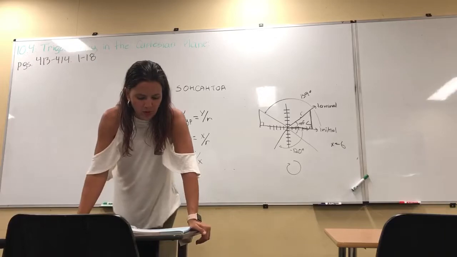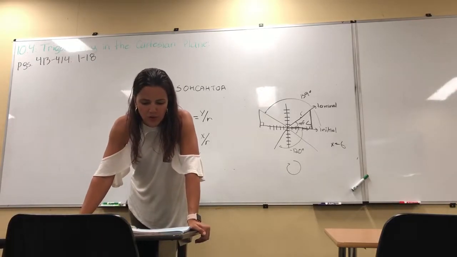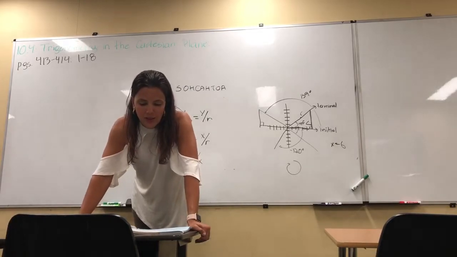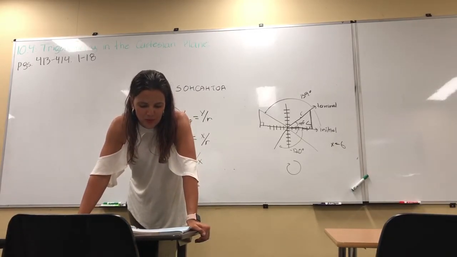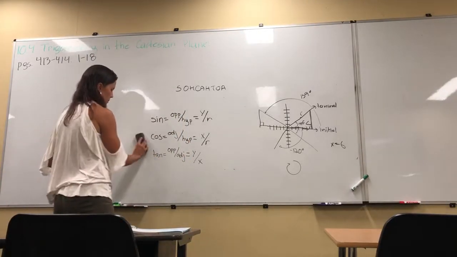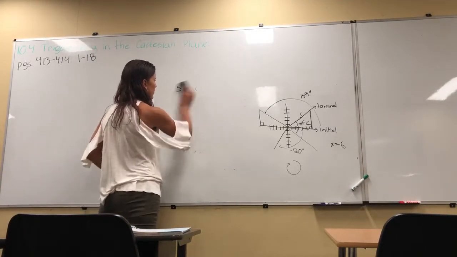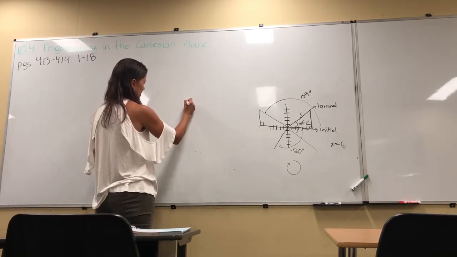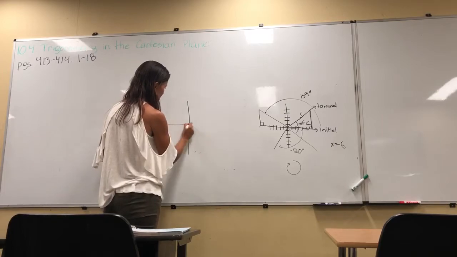Let's see what else we have to do. On page 412, it says that angles with the same terminal ray have the same ratio. So what does that mean? I'm going to kind of redraw that, except hopefully a little bit less busy. I'm not going to draw the little markers, okay?